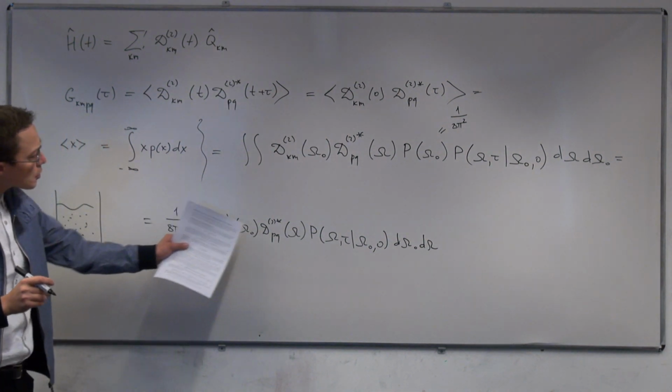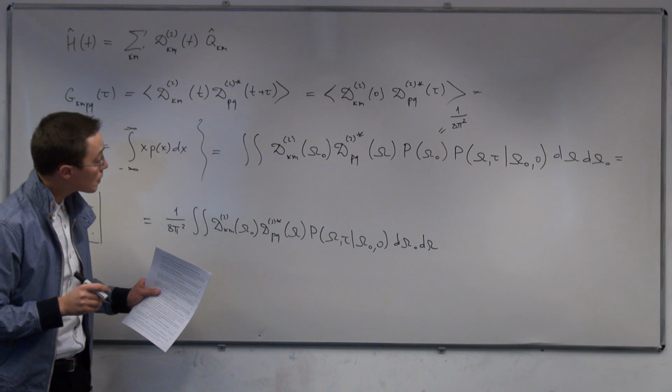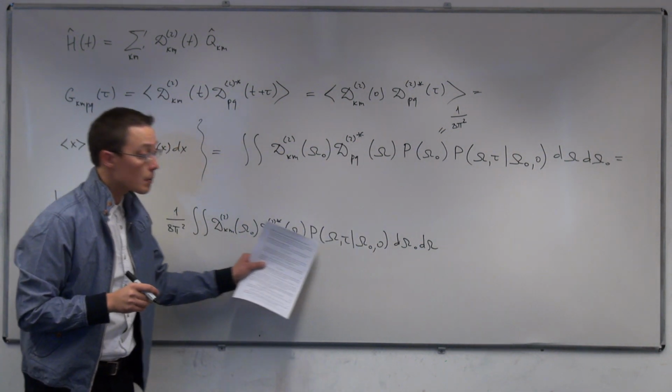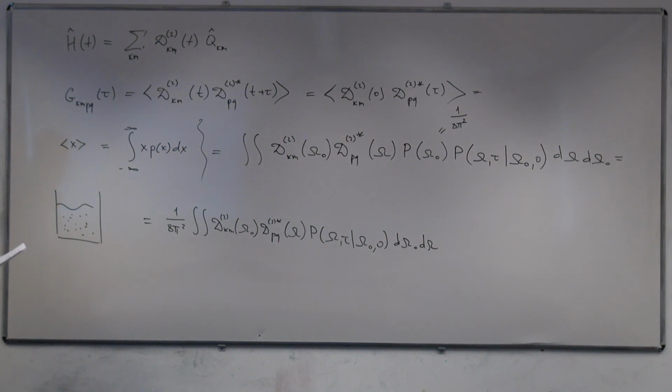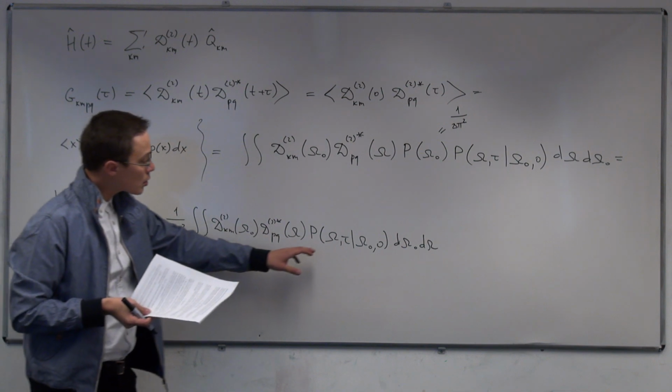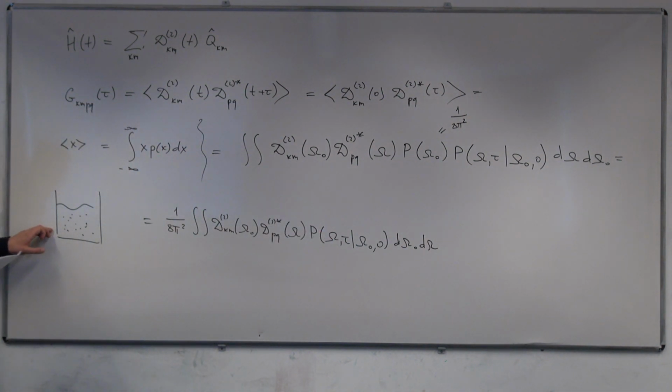Okay, well, Wigner functions we are fairly comfortable with. What we don't really know much about at this point is this probability. What we do know, however, is that it is a kind of concentration, except it is a concentration in the angle space. So we can put it not as a concentration in this sample, but as a concentration of systems on the surface of a sphere.